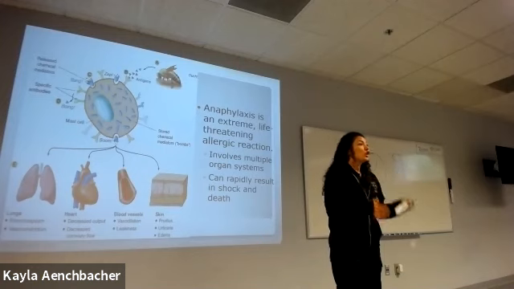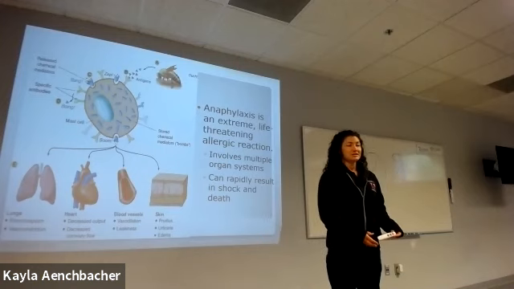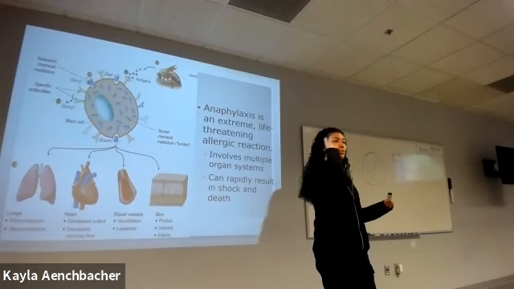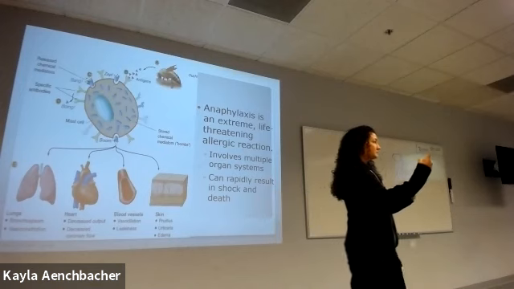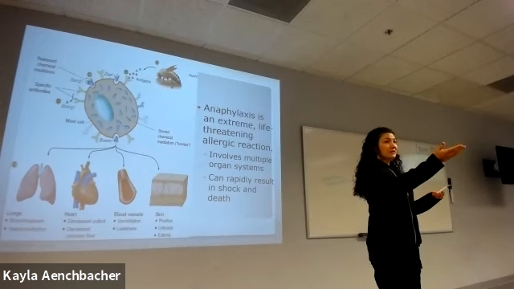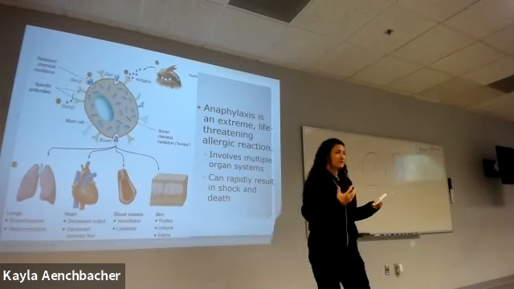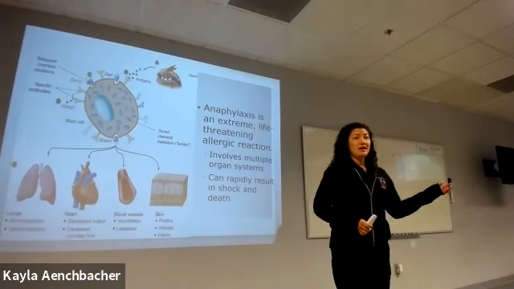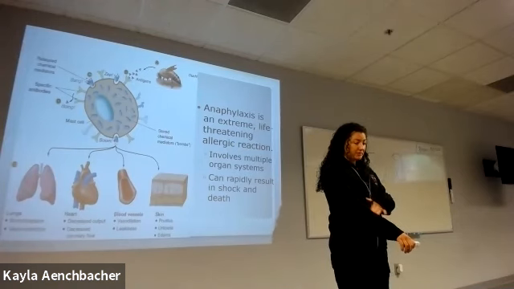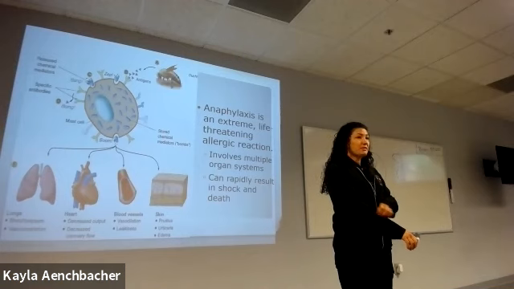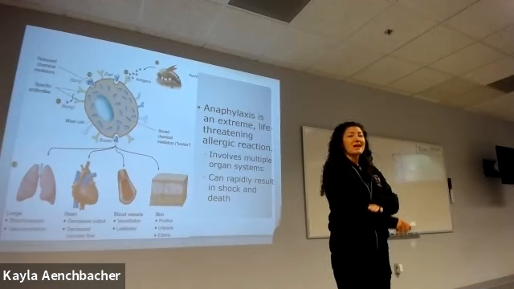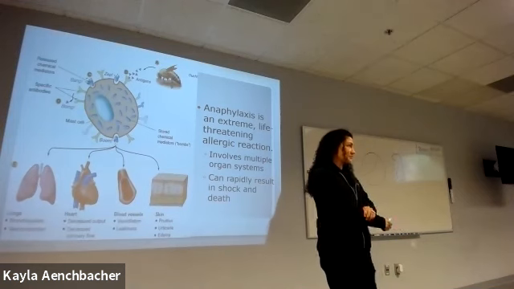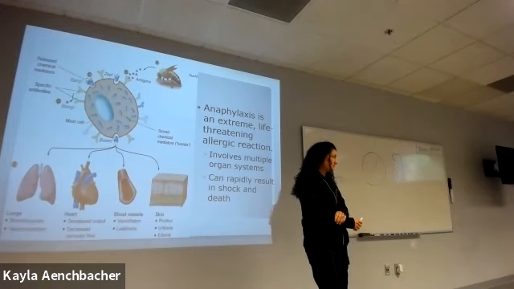But you have a localized reaction, and typically it's only going to be to one system. So for pollen, it can affect maybe the respiratory system. We get the watery eyes, the runny nose, but we only have that system targeted. Poison ivy, mosquito bite, we have that localized, maybe a little rash, maybe a little swelling, maybe a little itching, but it's just the integumentary system, just the skin that's affected.